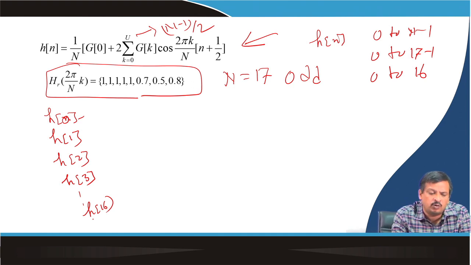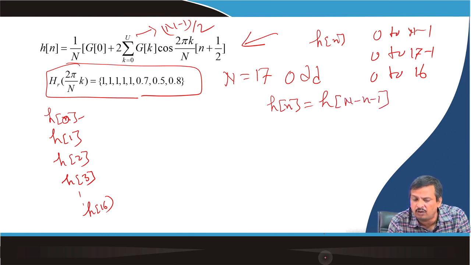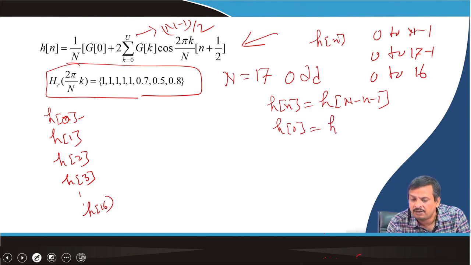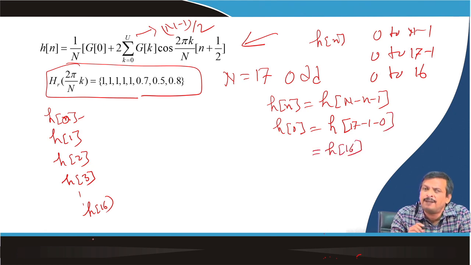Now, I know h(n) is also symmetric, so h(n) is equal to h(N minus 1 minus n). So, h(0) is equal to h(17 minus 1 minus 0), which is nothing but h(16). So, I do not have to compute h(16).